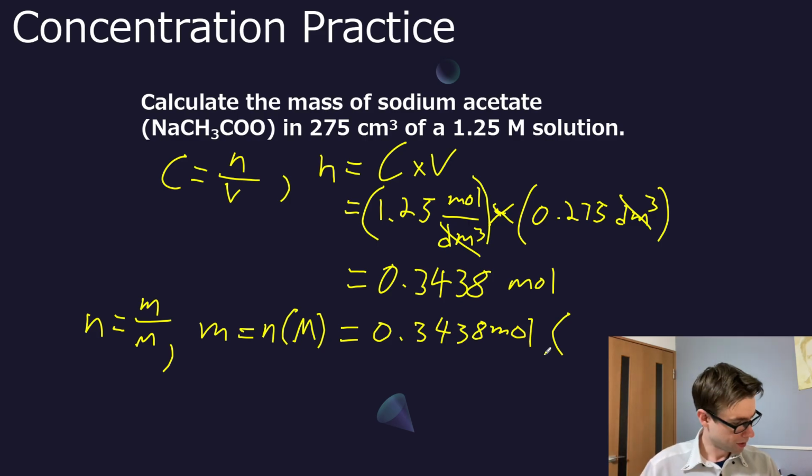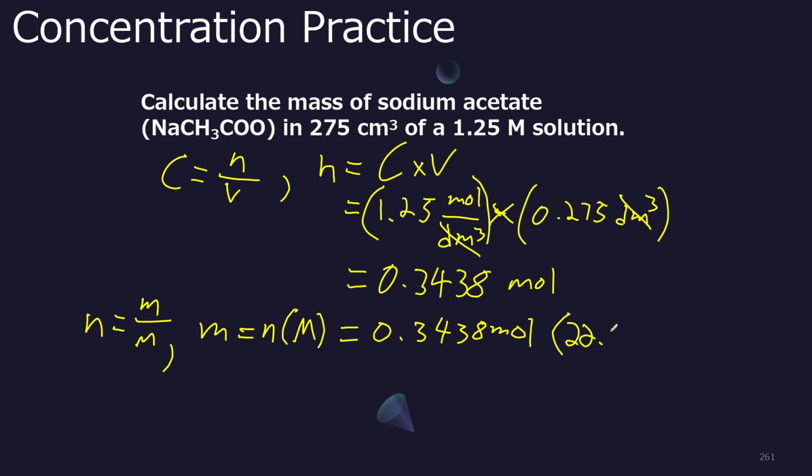NaCH3COO. Alright, so that's 22.99 for Na. One of those. Then CH3COO, that's 2 carbons. They're 12.01 each. What else? Hydrogen, we've got 3 of them. CH3, 1.01.